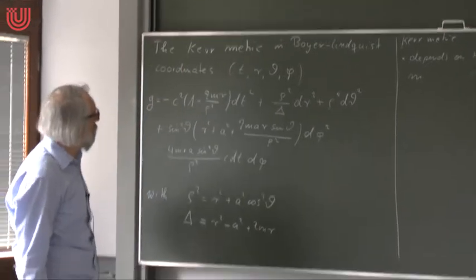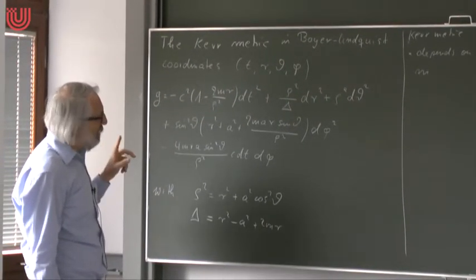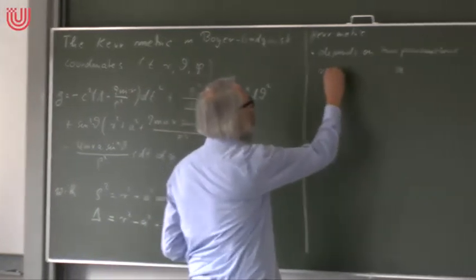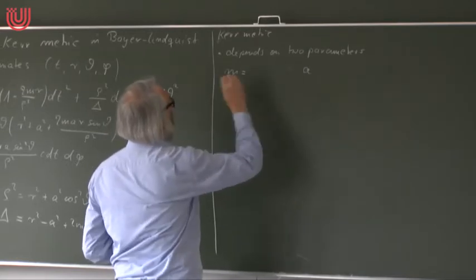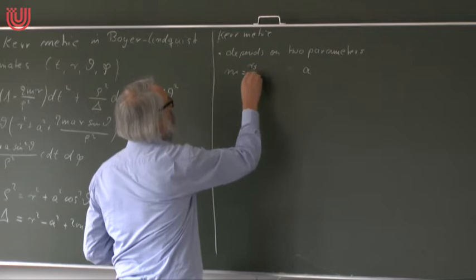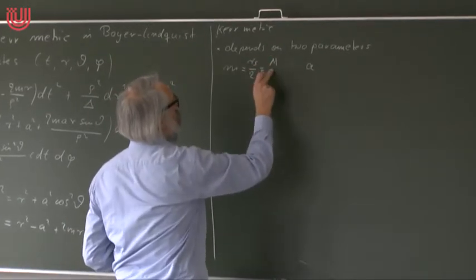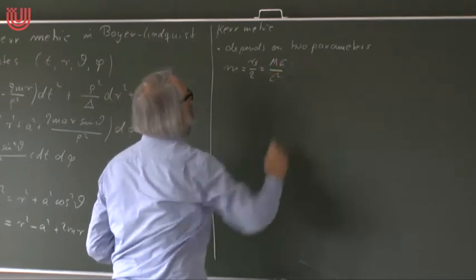For big radii, it approaches Minkowski spacetime. Then you can compare the leading order coefficient with the Newtonian theory, and what you find is that the m is just what we earlier denoted by rs over two. So this would be the mass of the body times the gravitational constant over c squared.